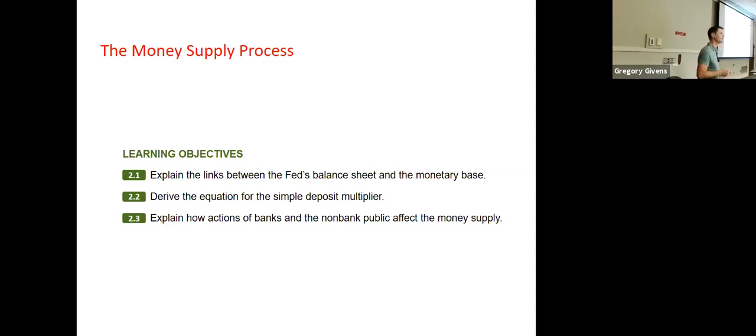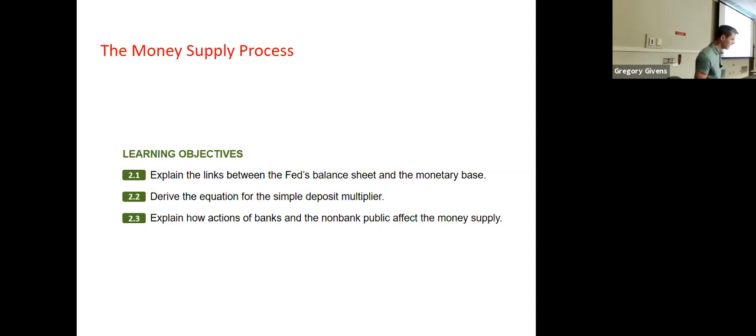Now, just to be clear up front, the monetary base is not the same thing as the money supply. Those 2 concepts are linked together in a particular way through this money supply process, which we'll elaborate on, but they're different concepts.